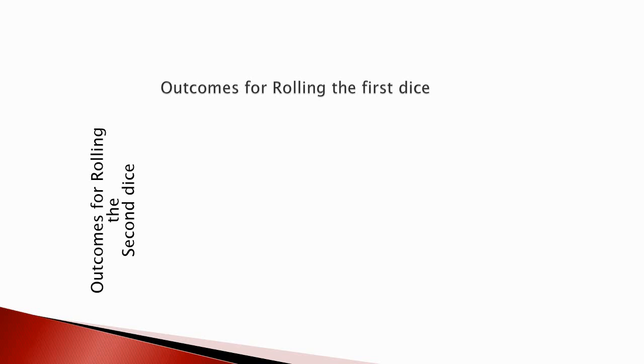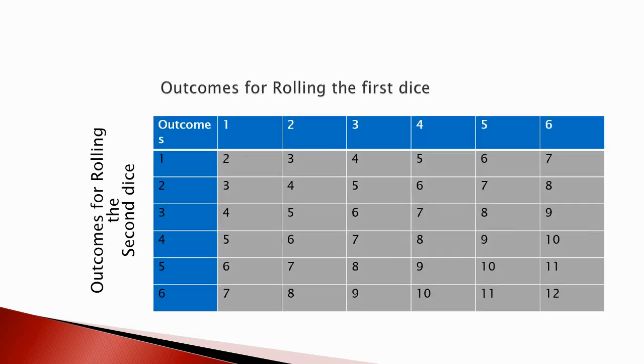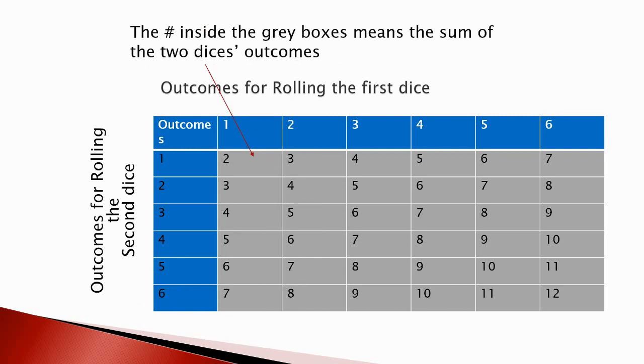The vertical one represents the outcomes for rolling the second die. Here is the table. Based on observation, the number inside each gray box means the sum of the two dice outcomes, and there are 36 possible outcomes in total.